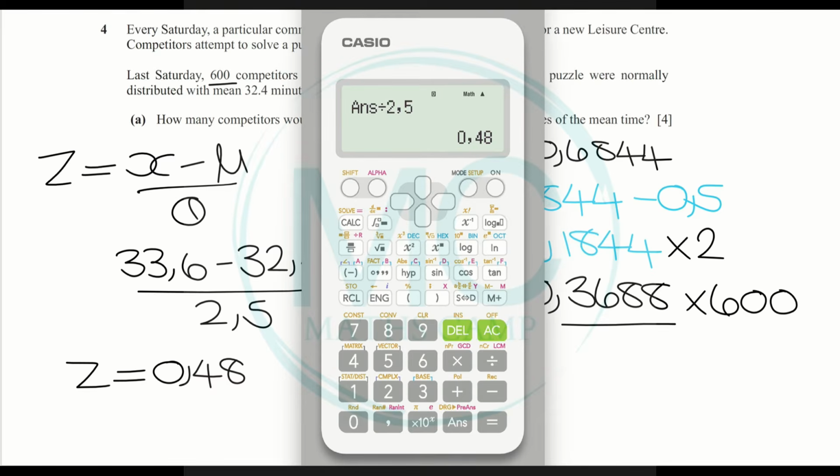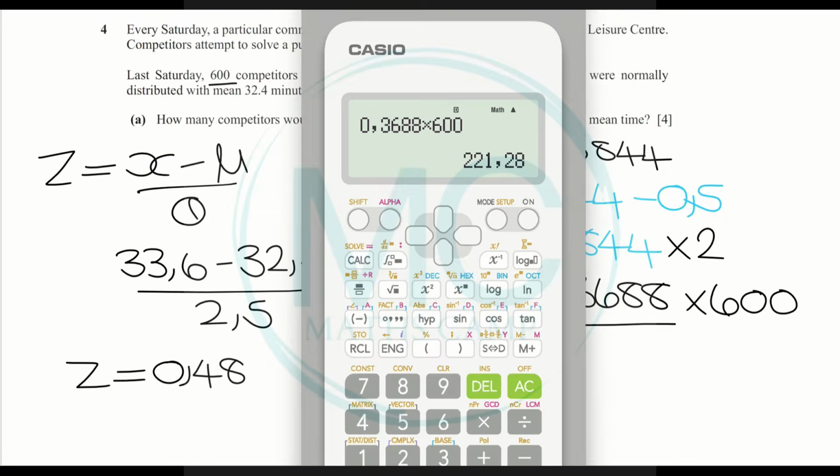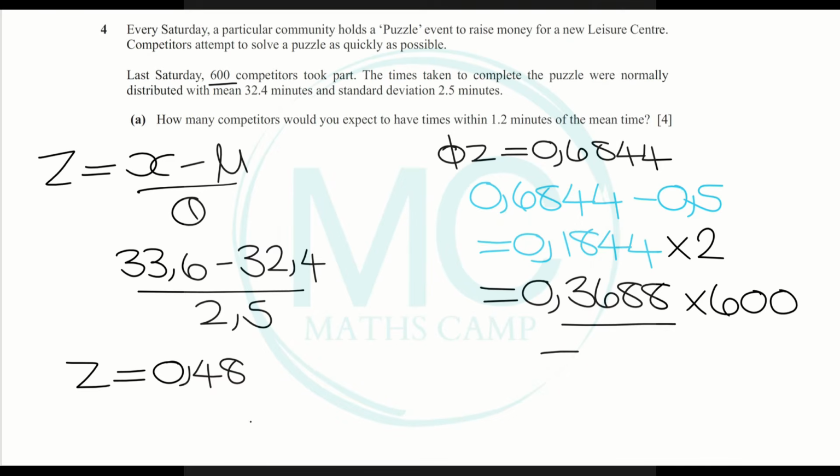Take your calculator, 0,3688 multiplied by 600 is equal to 221,28. You cannot have a decimal of a person, so round off to the nearest whole number. And as our answer, we get 221.